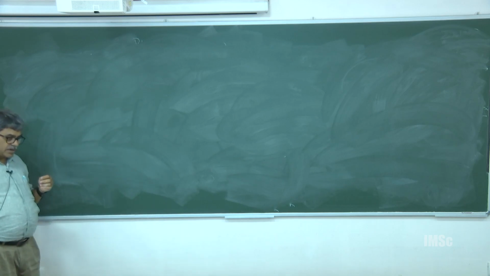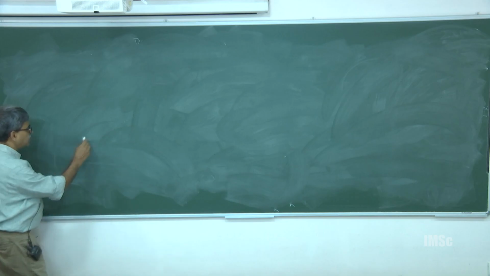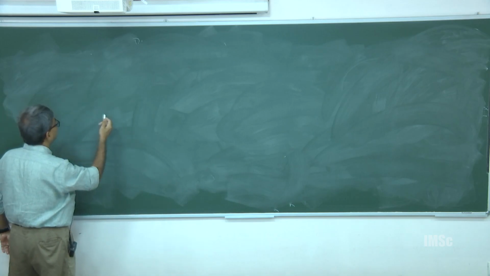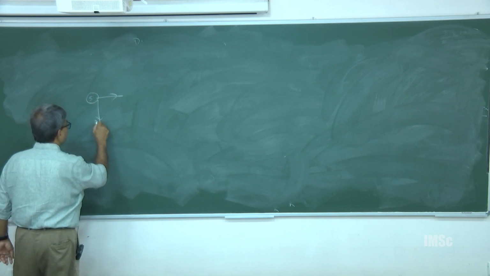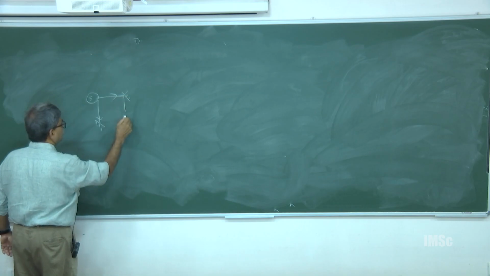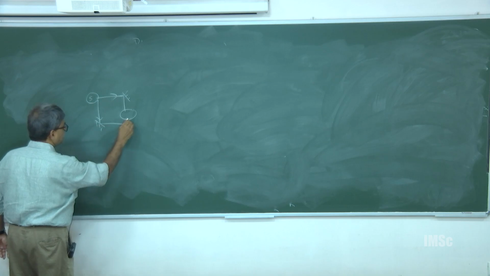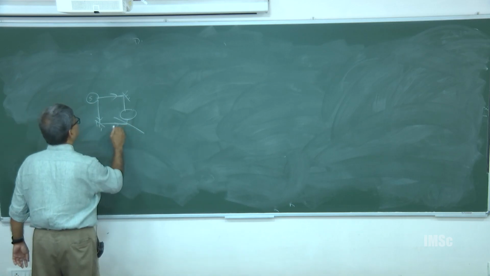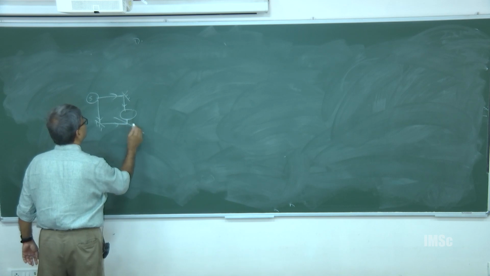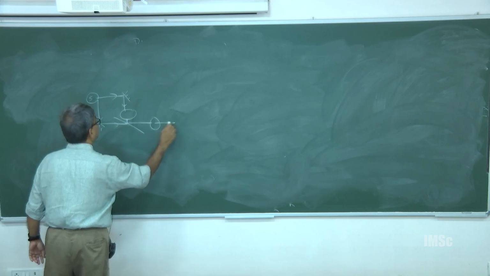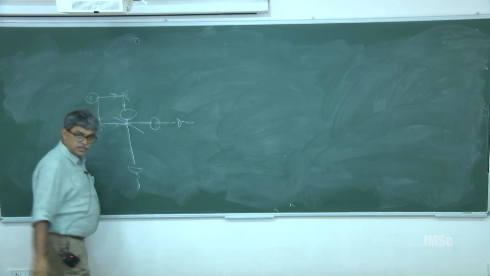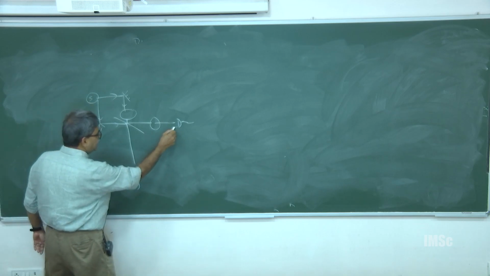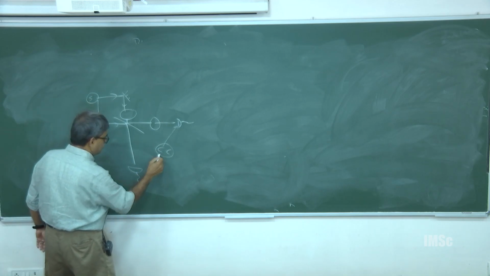So maybe I will draw it once again. This is your source, this is coming. I will put a delay here, and then this is the beam splitter, and then there is another delay, and then you have the detectors, and then you connect them with this coincidence counter.